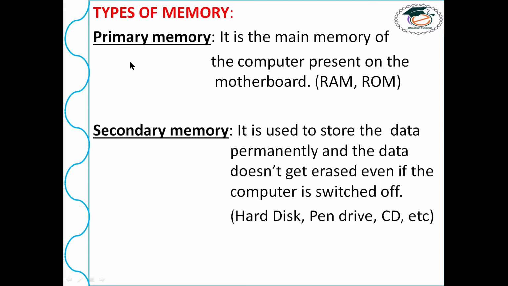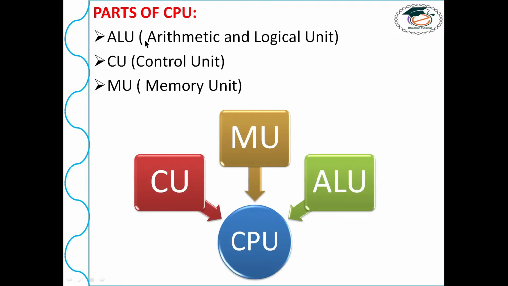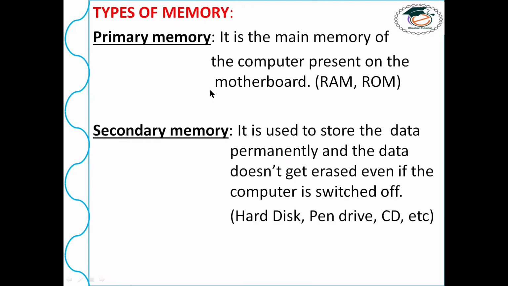Now, previously I told you about the memory unit. Let's see it now. The memory unit is basically divided into two parts: primary memory and secondary memory. Primary memory is the main memory of the computer system.